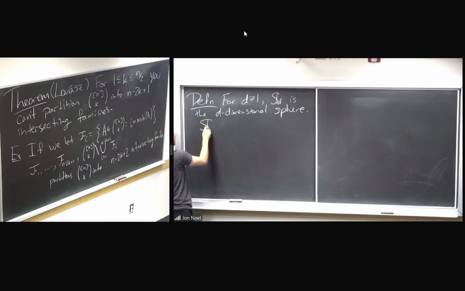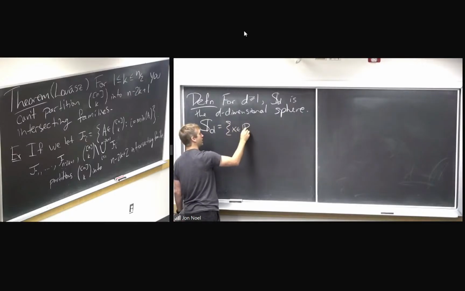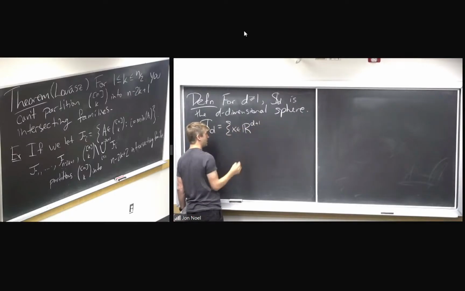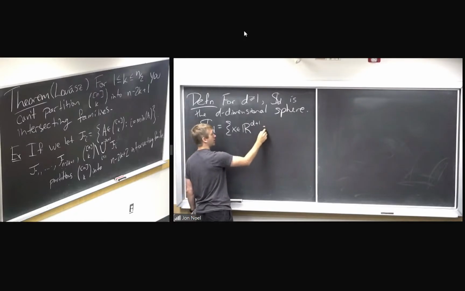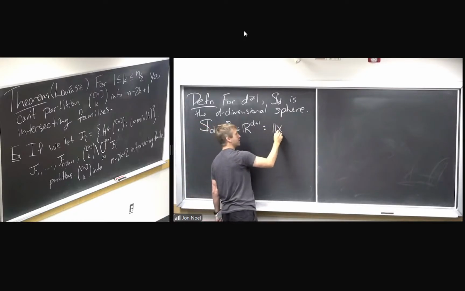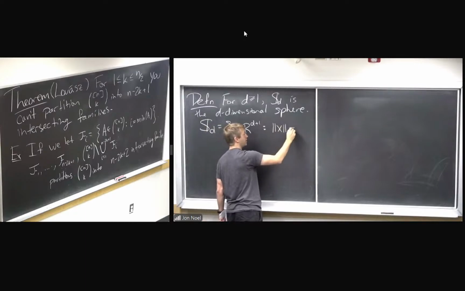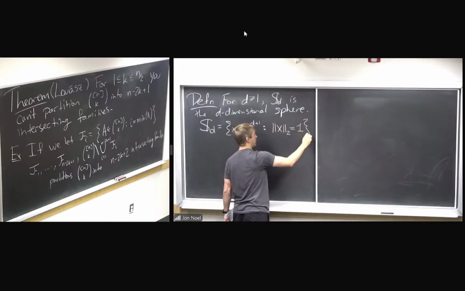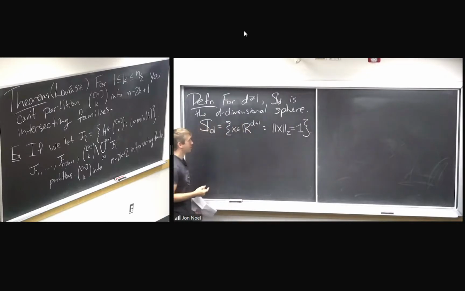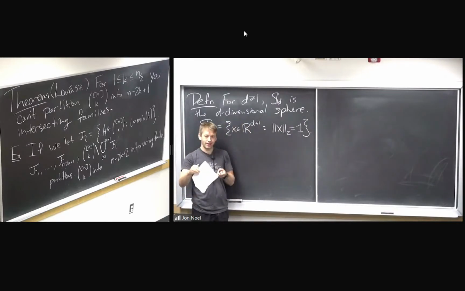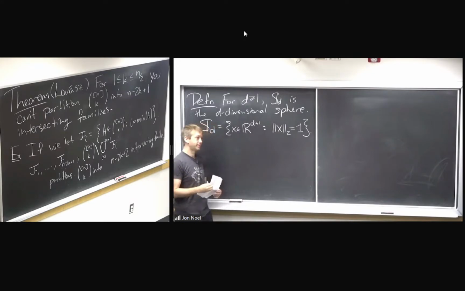What I mean is that this is the set of all points in R^{d+1} where the distance from that point to the origin is equal to 1. So this is just the Euclidean norm, the length of the vector, and it's equal to 1.